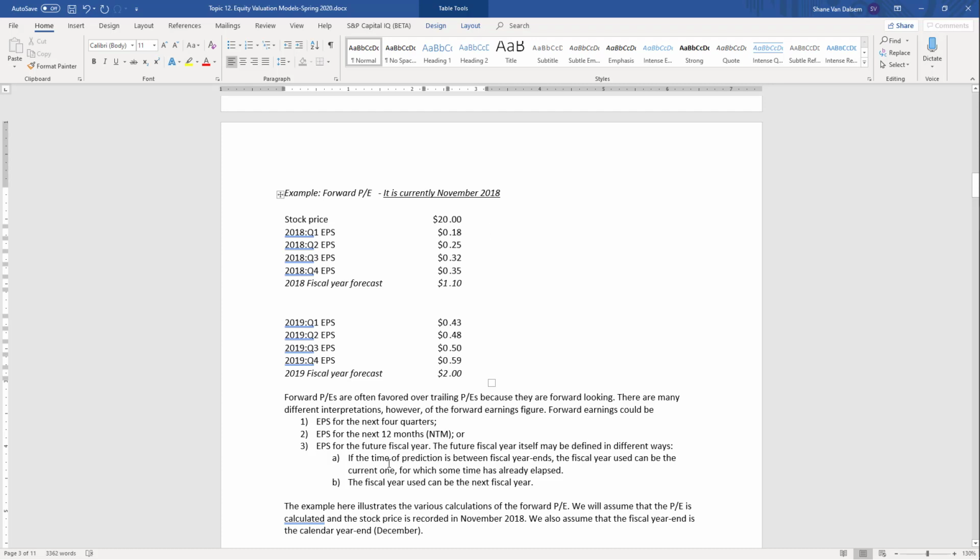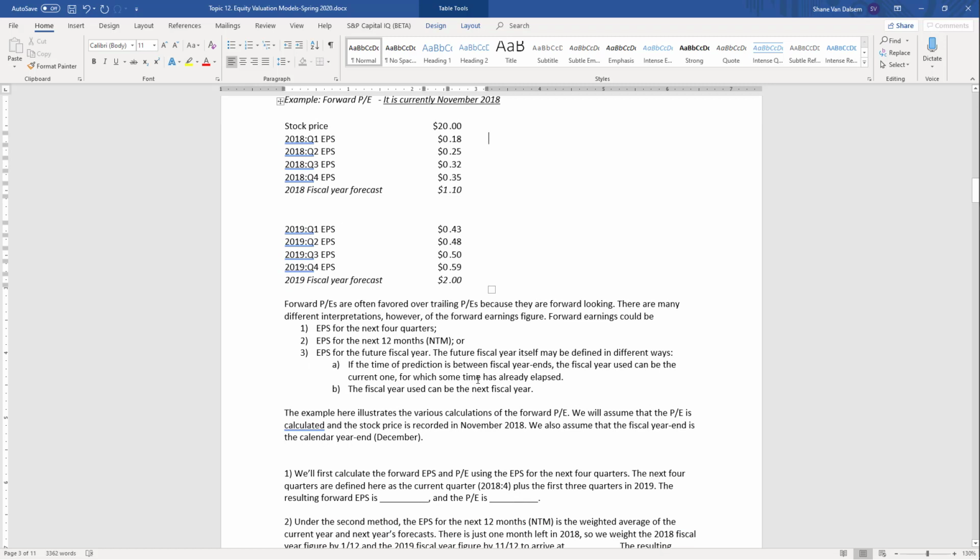If the time of prediction is between fiscal year ends, the fiscal year can be the current one, for which some time has already elapsed, or it can be the next fiscal year. So the example here illustrates various calculations of the forward PE. We will assume the PE is calculated and the stock price is recorded in November of 2018. We also assume that the fiscal year end is the calendar year end of December.